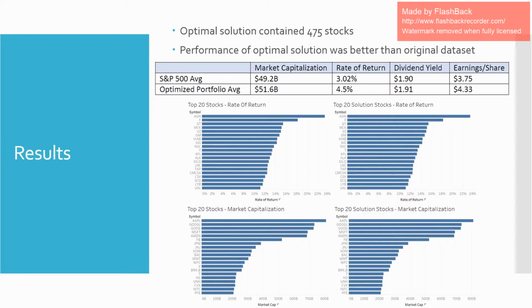Getting into the results, the optimal solution resulting from the genetic algorithm was 475 stocks out of the total 500 in the S&P. It's worth noting that the number of stocks in the solution is much higher than the limit of stocks allowed when creating the initial solutions.